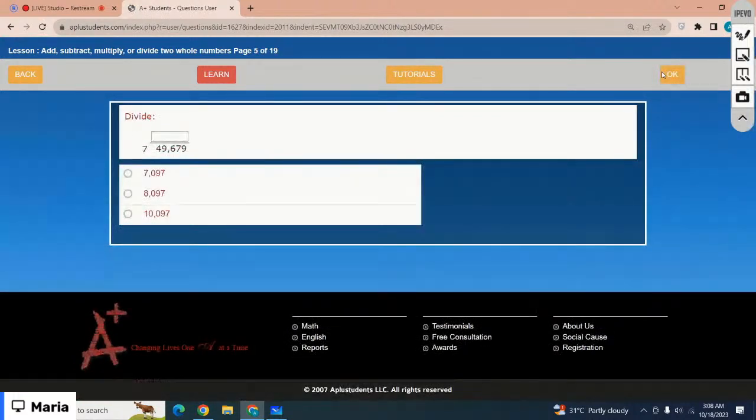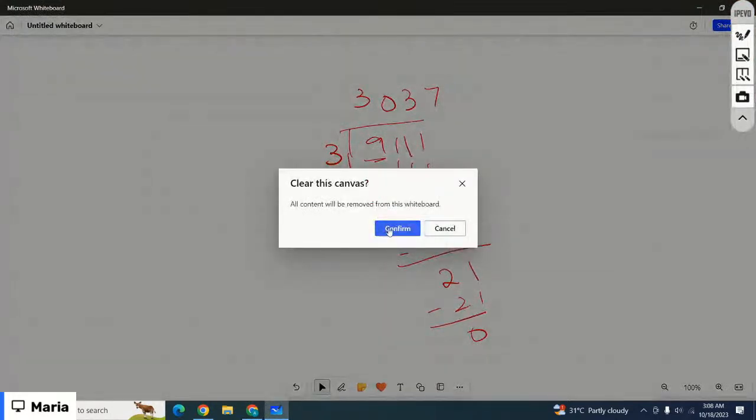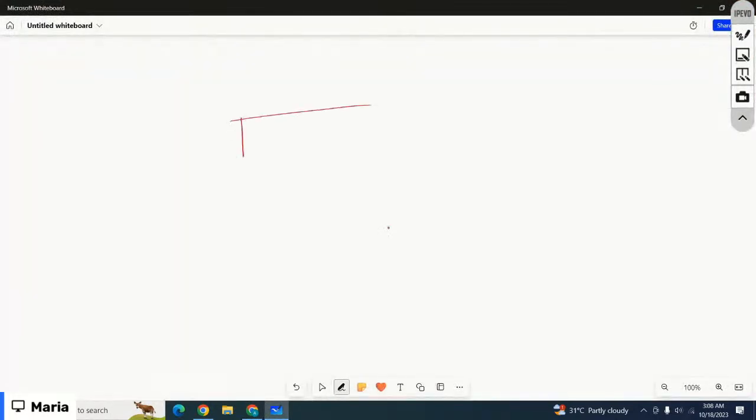Okay, you have to divide 49,679 divided by 7. Start counting. You can make 7 times 7 is 49. Then you can bring 6 down, but 6 is less than 7.